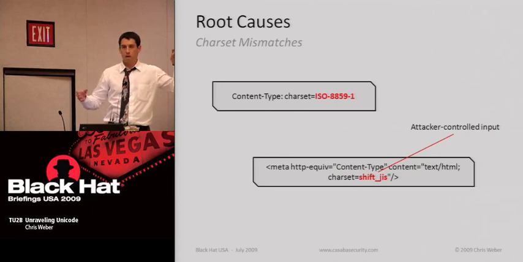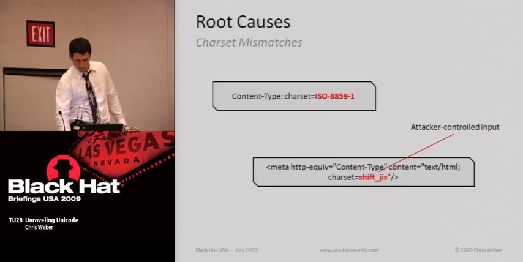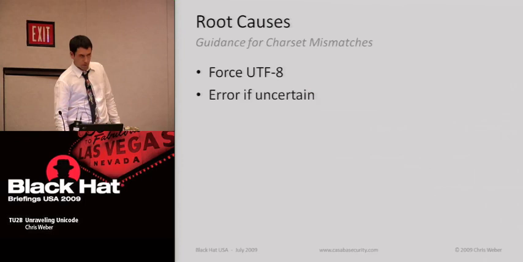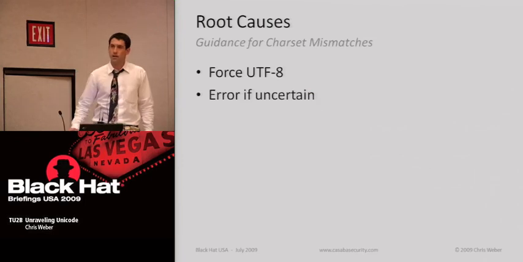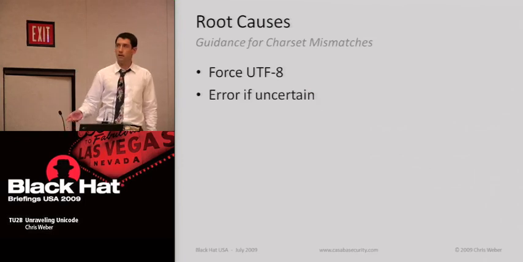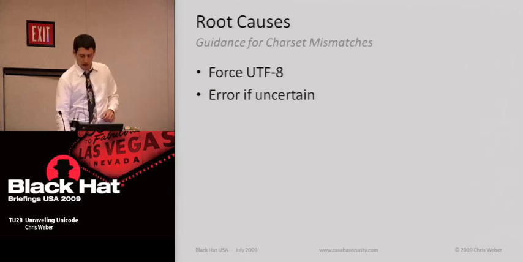So then the browser might have to make some decisions on what that content really is. If you are dealing with web applications and you have some say, definitely force UTF-8 everywhere instead of trying to do specific character set support and character encodings, and error out if you get requests that are violating that.